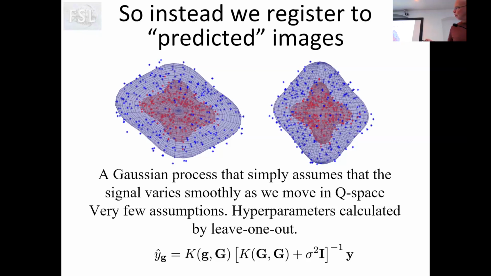So if you want to know what the signal should be in a diffusion image acquired with that gradient, we simply fit this surface to all these points and say, okay, that's our prediction. This is what the Gaussian process looks like, and we can estimate the hyperparameters quite easily from the data itself, and it's a very fast estimation to do. So this is the way that we predict images.